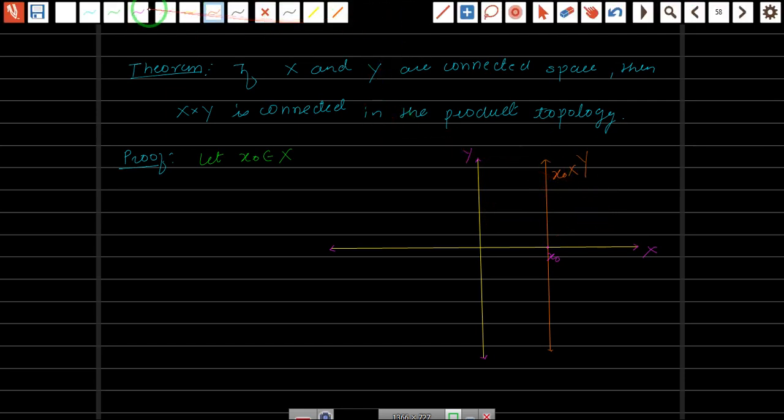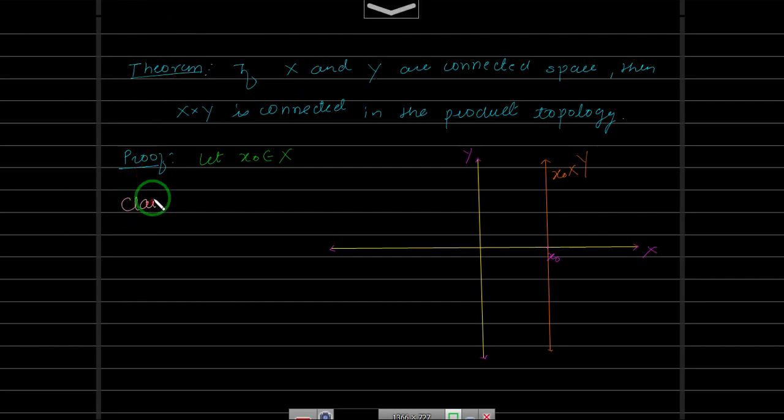And our claim is: the subspace x0 cross Y of X cross Y is homeomorphic to Y. We have seen the definition of homeomorphism and many examples, so you can go and check the playlist named Topology.